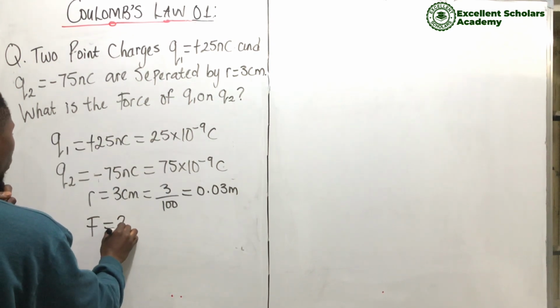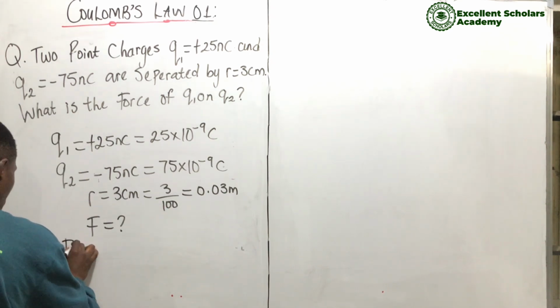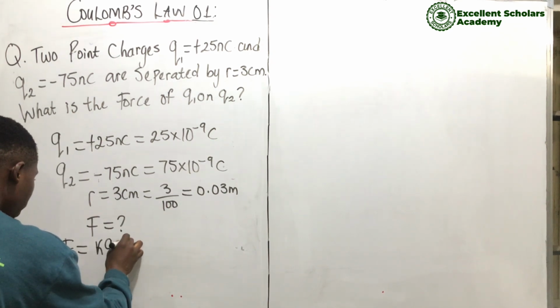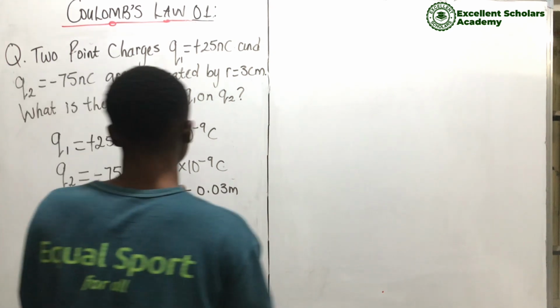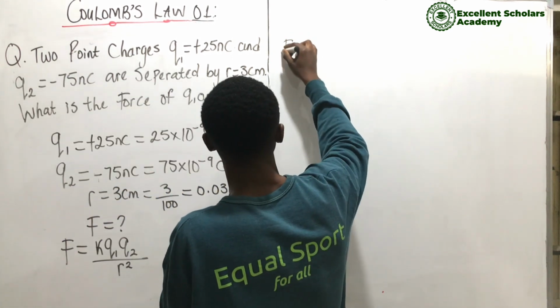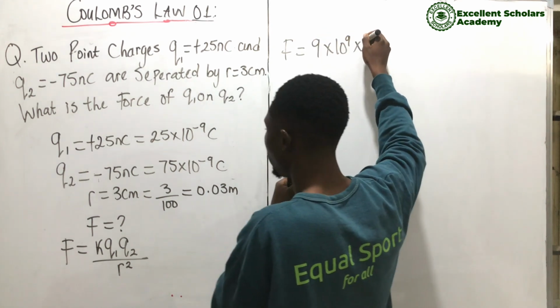Okay, so now what is the force of q1 on q2? So we are looking for the force of q1 on q2. Now, according to Coulomb's law, we have F is equal to k q1 q2 over r squared. Okay, so now F is going to be equal to 9 times 10 to the power of 9 times q1.